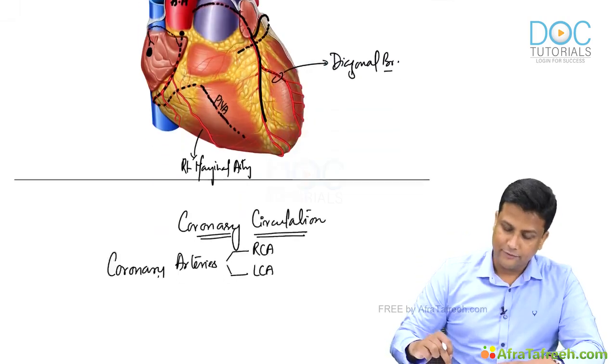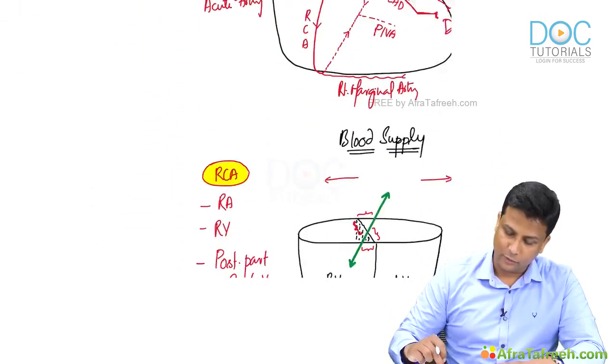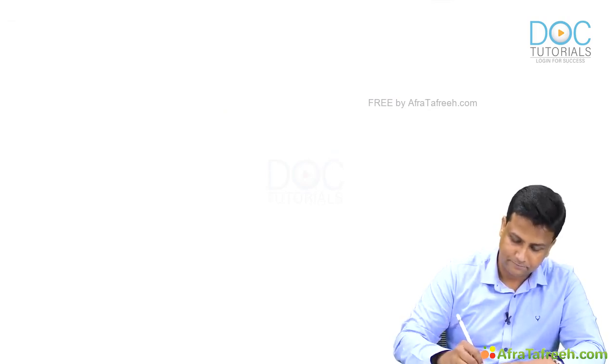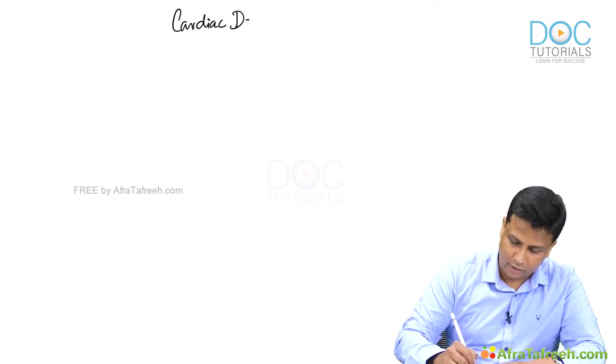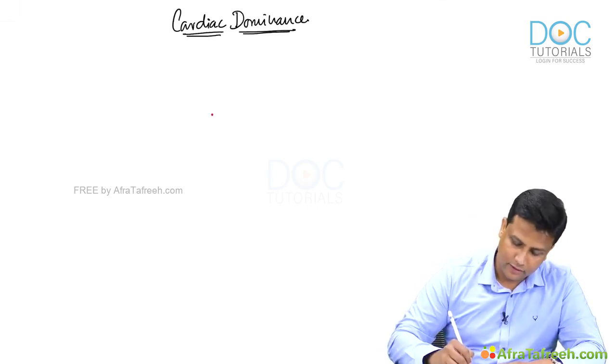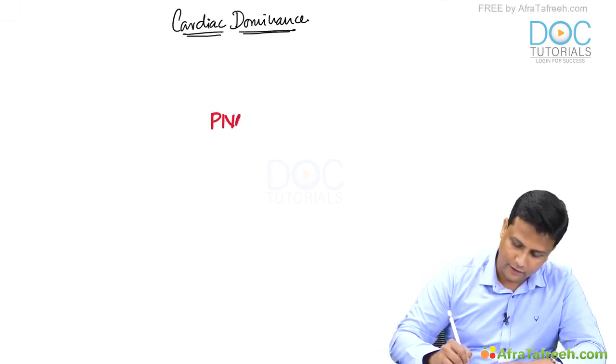Done. Now once you're perfect with all this, I want to deal with one more concept here, guys. Let us discuss one more small concept, that is cardiac dominance. This has been asked many times in your exam. Just now I told you about the posterior interventricular artery.